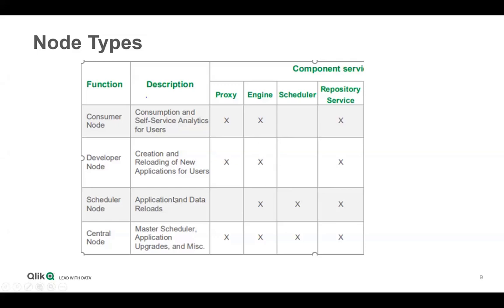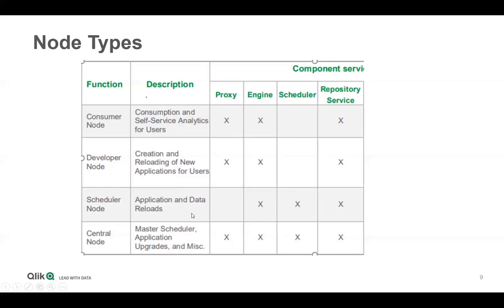So all these transactions will create a lot of workload on proxy and engine. We do not want this development work to interfere with our production end users' visualization activity. So we really need a dedicated developer node for development work.